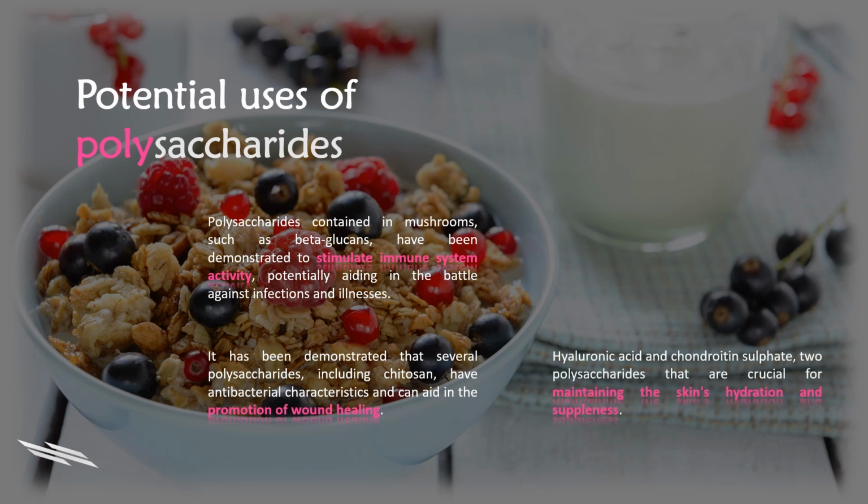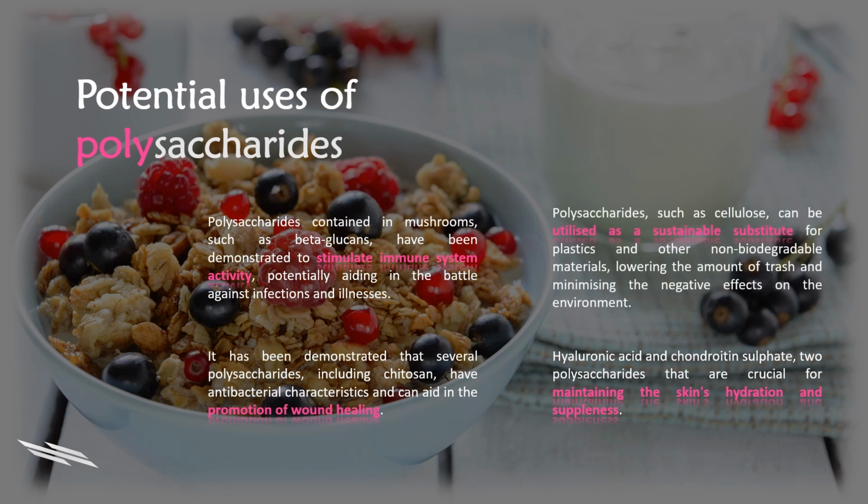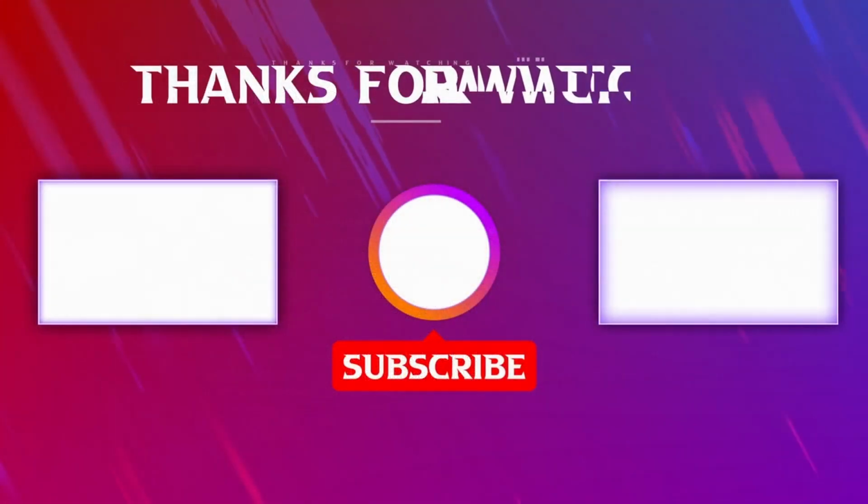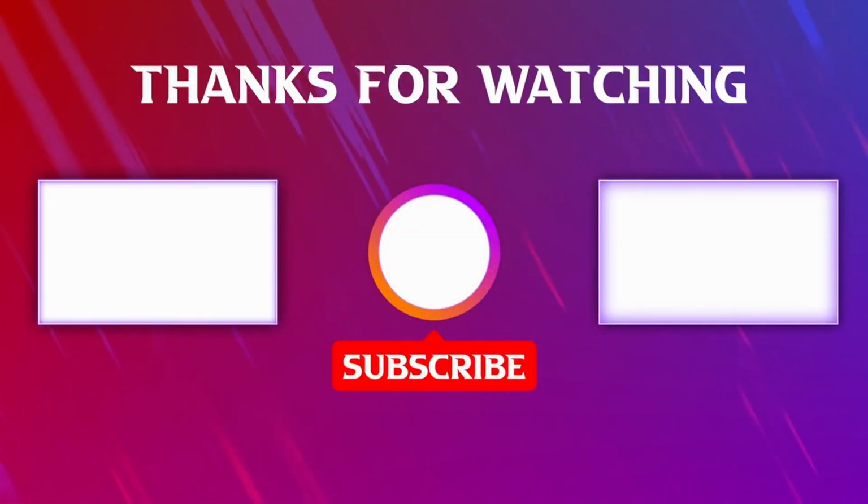Hyaluronic acid and chondroitin sulfate, two polysaccharides that are crucial for maintaining the skin's hydration and suppleness, are two examples. Polysaccharides, such as cellulose, can be utilized as a sustainable substitute for plastics and other non-biodegradable materials, lowering the amount of trash and minimizing the negative effects on the environment. Overall, polysaccharides have a variety of advantages and are crucial parts of numerous biological systems.